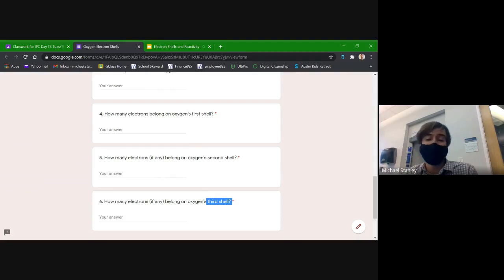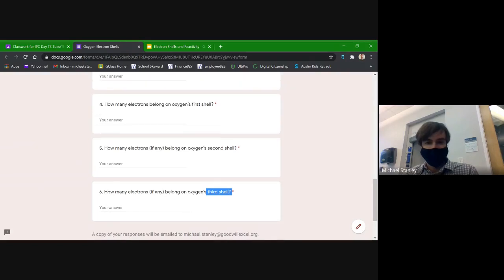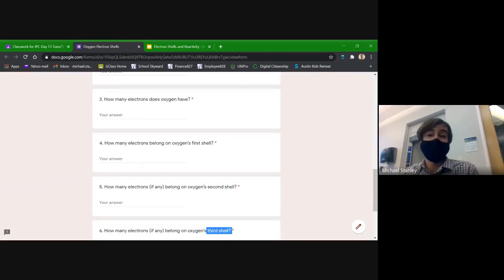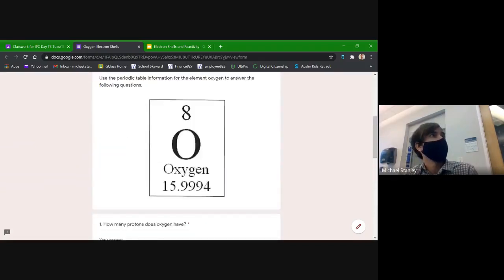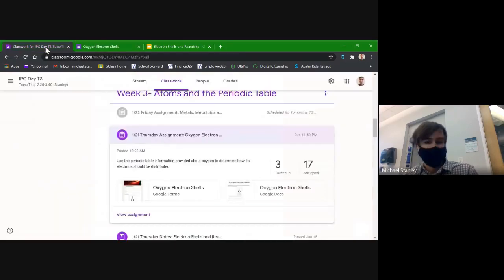So if there aren't any that need to go on the third shell, you can just write none or zero. But if they are, you would answer that in this last question down here. So hopefully that work that we were doing earlier, going through some of those examples, has got you pretty well equipped for today's assignment.